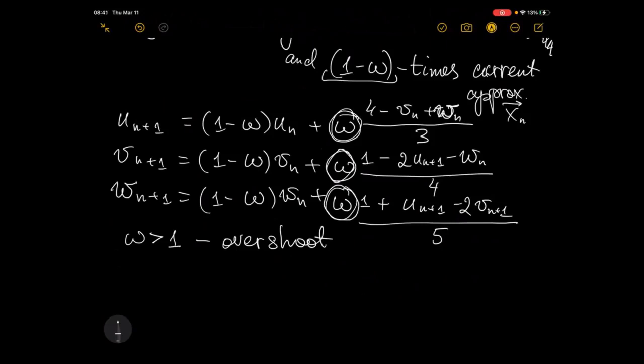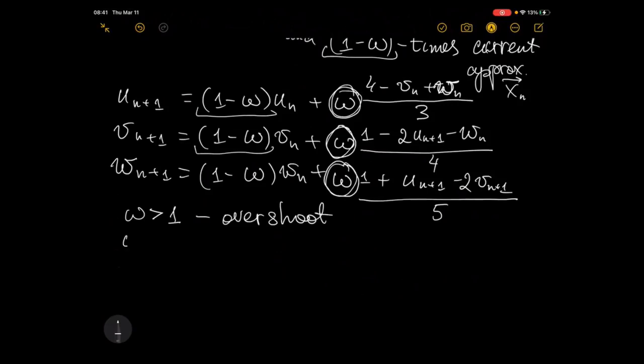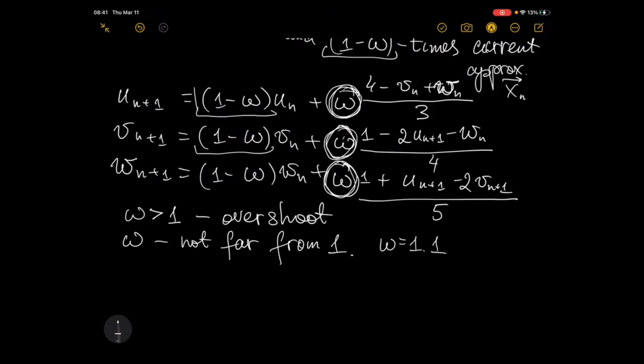For example, if you take omega not far from 1, say omega equal to 1.1, you go a little bit further in the direction of Gauss-Seidel and subtract just 1/10 of the previous approximation, right?